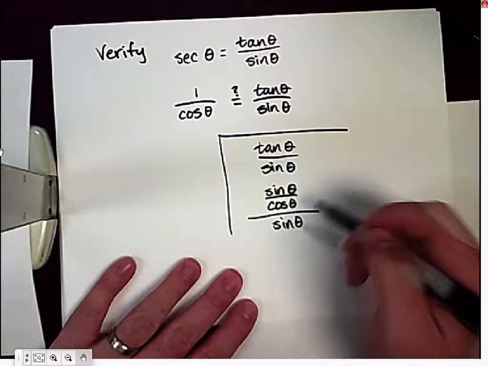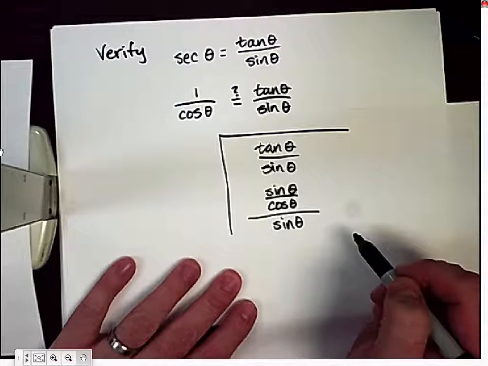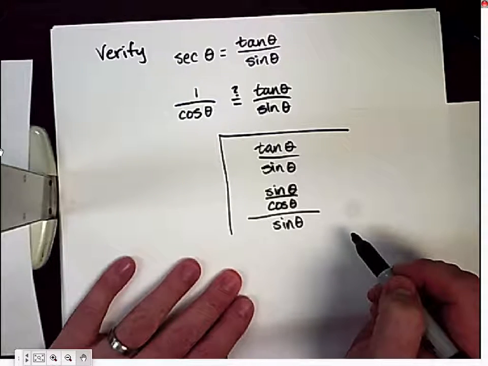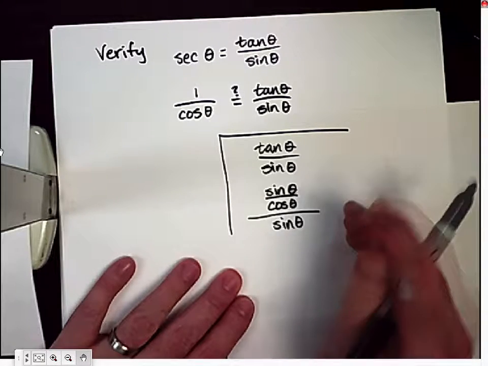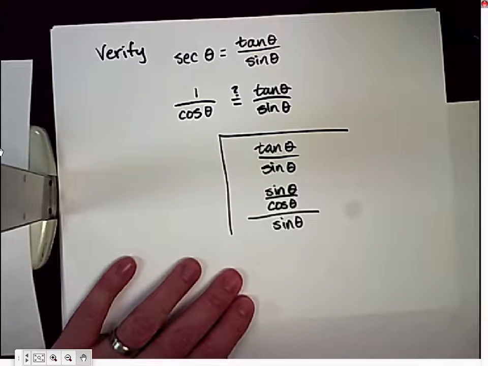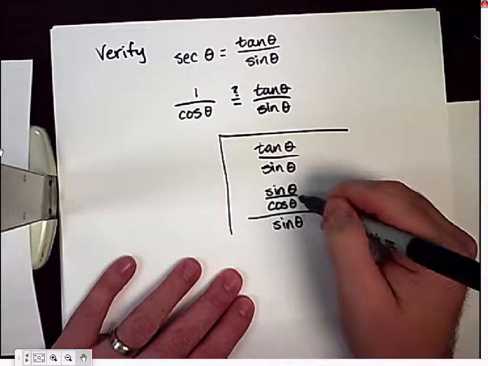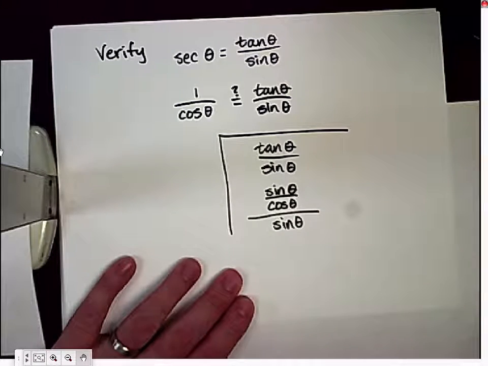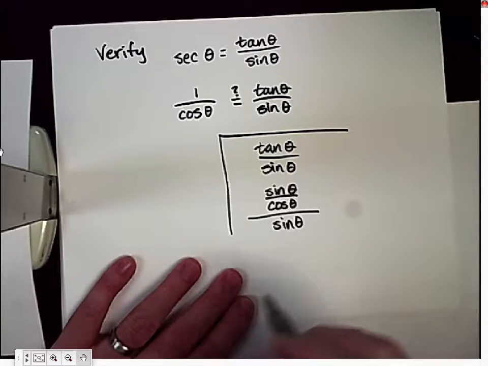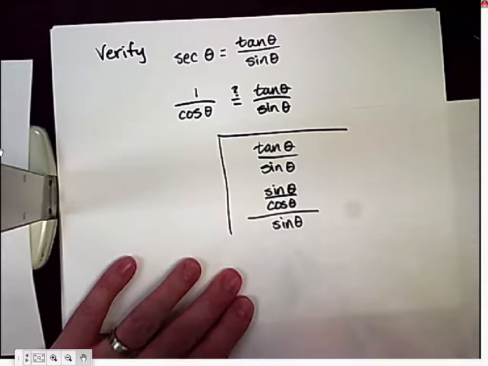Then how would we simplify that fraction? Multiply by 1 over sine theta. You could think of this divided by this, so you multiply by the reciprocal. Or an easy way to simplify a complex fraction is multiply top and bottom by the common denominator, which is cosine. Okay? So either way works.